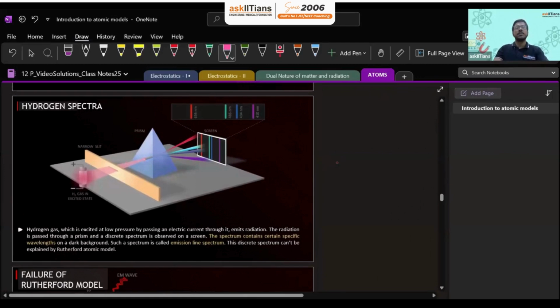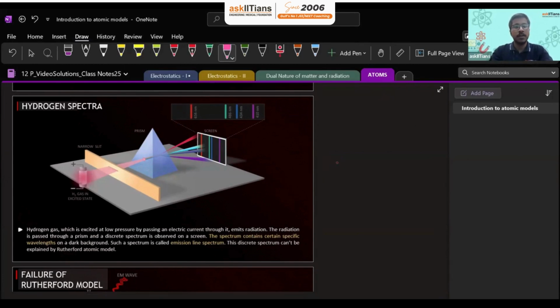Okay, now let's move to another topic. We will understand what spectra is, what hydrogen spectra is. If you take some hydrogen gas and excite it to a higher energy state by passing electric current through it, it will emit some radiation. The key point to note is that if this radiation emitted from the hydrogen gas is made to pass through a prism, you will not observe the 7 colors like you do with normal white light.